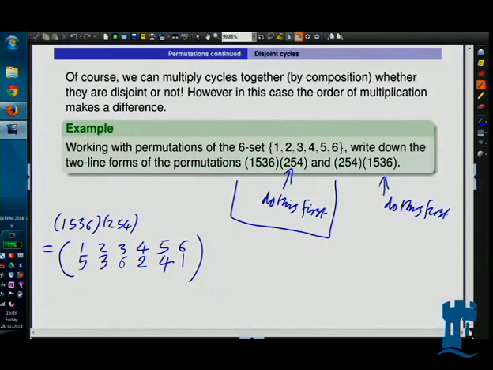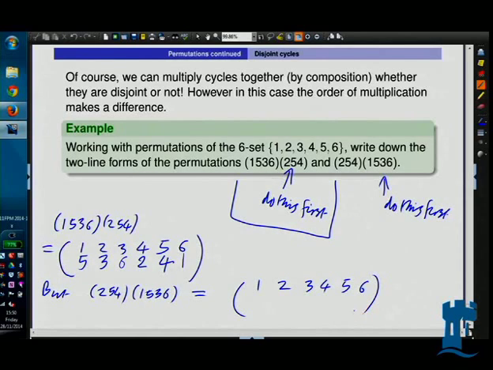But if I do them the other way round, let's see where they go in two-line form.